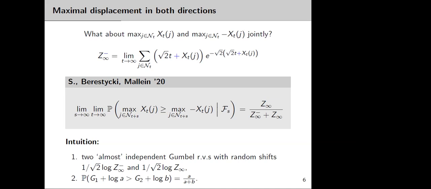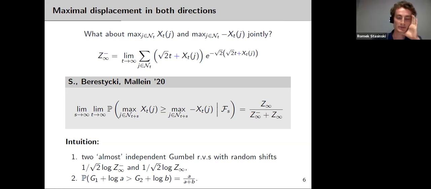I just want to make sure I understand that you are choosing particles at the time t plus s, but you're comparing them at a historical position. Is that what I mean?